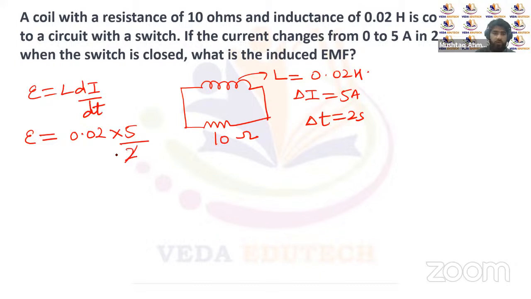So it will be equal to 0.05 volt. That will be established in this circuit. So the induced EMF will be 0.05 volt, and this much will be the induced EMF in this circuit.